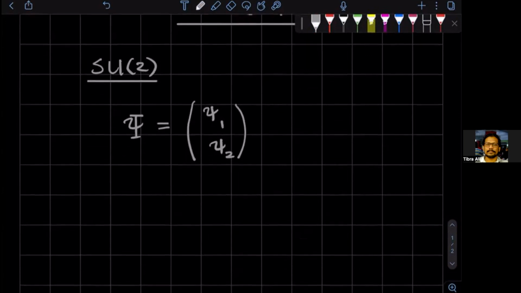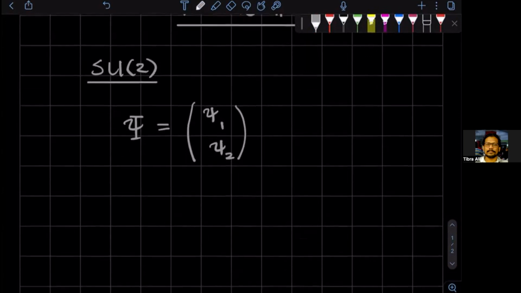Okay, and so if I have a wave function like that, say, for a particle like an electron, I can make a linear transformation on this. So psi goes to u of psi. Let's call this new wave function psi prime.